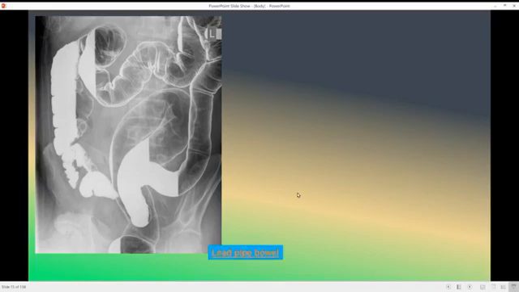We receive some answers, and the patient has ulcerative colitis with lead pipe bowel sign, as we see here. Okay, very good, all of you.